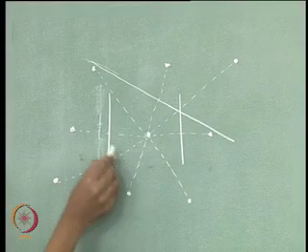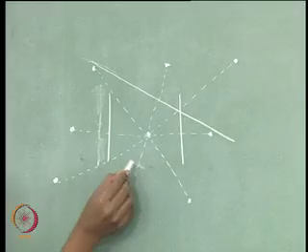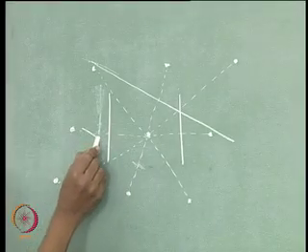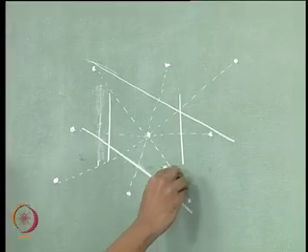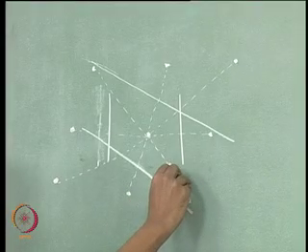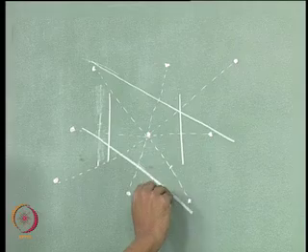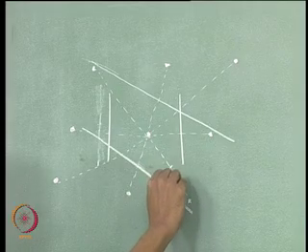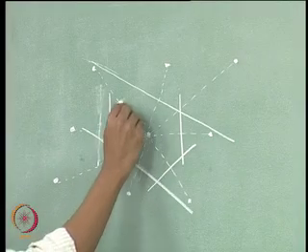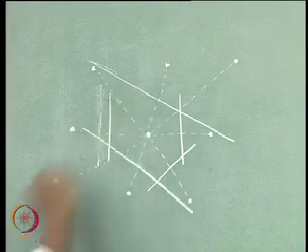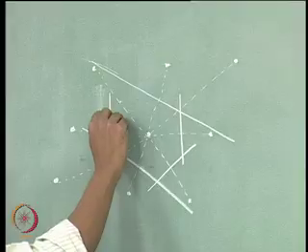Perpendicular bisector of this line would look something like that. Perpendicular bisector of this would be like that, and similarly perpendicular bisector of this is somewhere here and would look something like that.